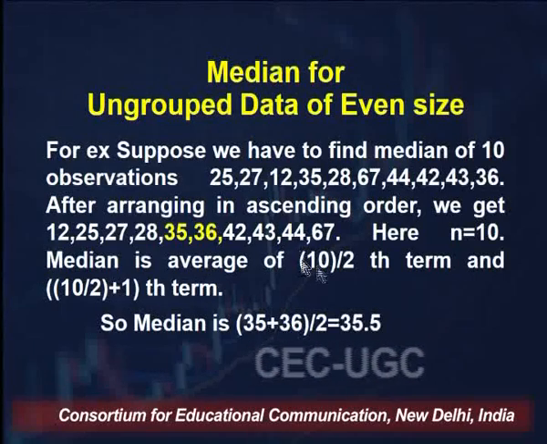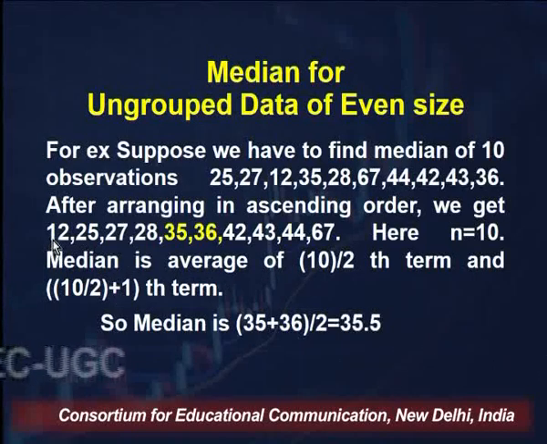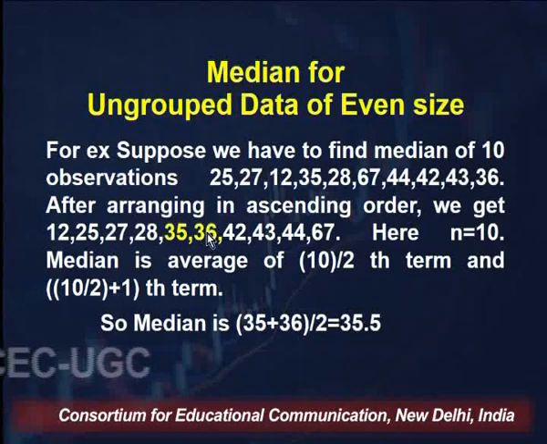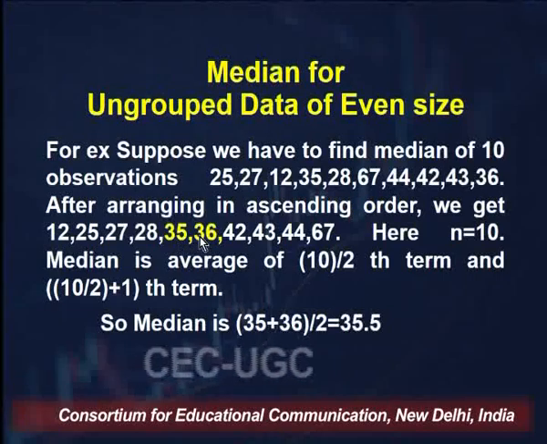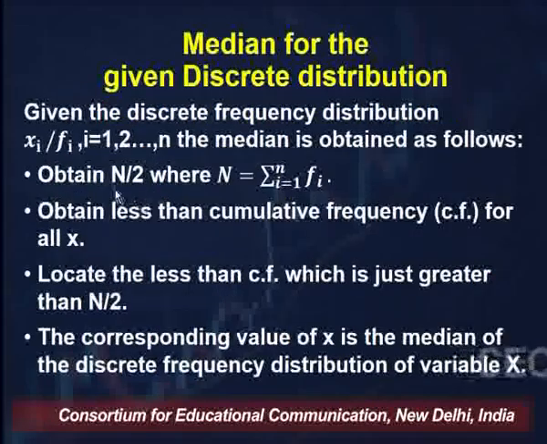So I will take the average of the 5th term and the 6th term. So let us see from the beginning where the 5th and 6th are. This is first, second, third, fourth, this is the 5th term, and then this is the 6th term. So I will take 35 plus 36 by 2, so my median is 35.5.